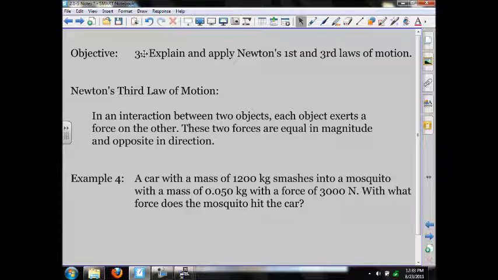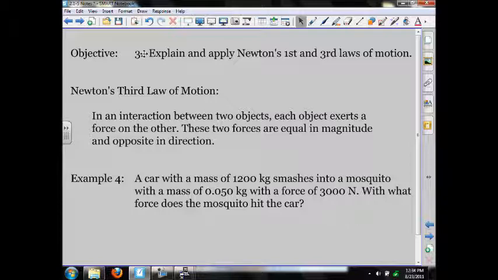Mosquito's not going to survive, probably. With what force does the mosquito hit the car? 3,000 newtons, yeah. The same force, opposite direction.